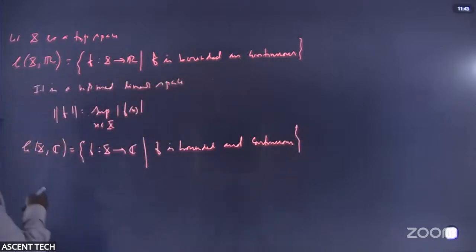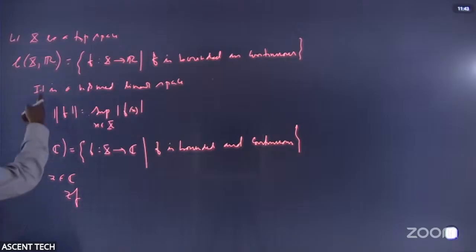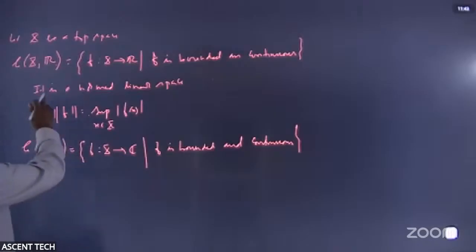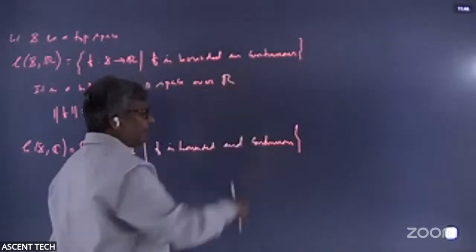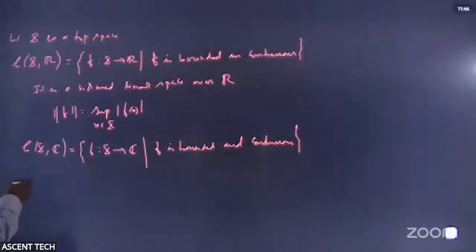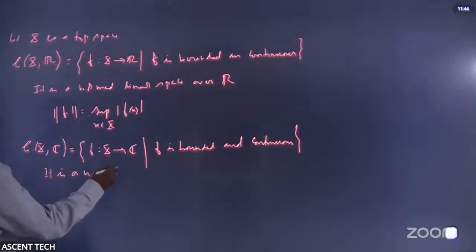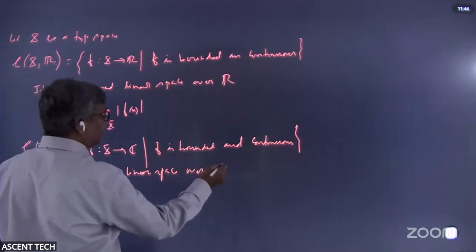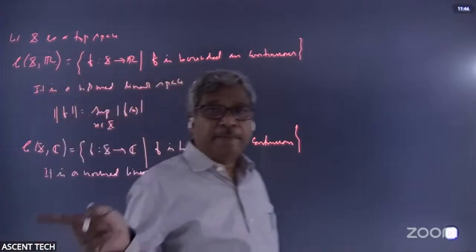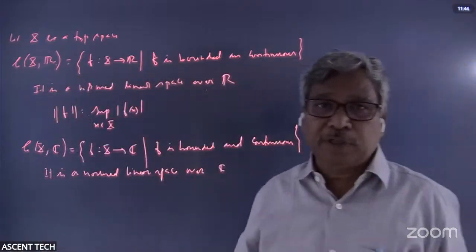In this case, for each complex number z, I can talk about zf. So this is a linear space over C, while the previous one is a linear space over R. That is a normed linear space over R, so the underlying field is R; for this one the underlying field is C. It is a normed linear space over C. Again, because the norm is there, a metric is coming, and therefore there is a topology.